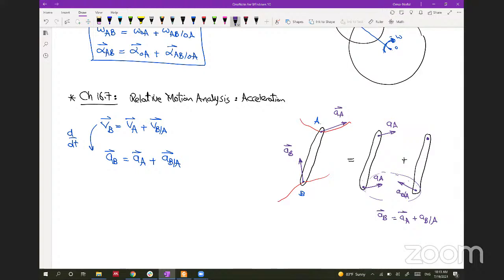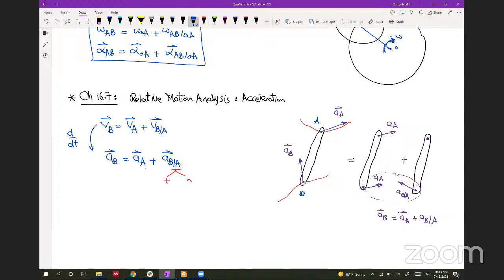However, here it's a little bit more complicated, as AB with respect to A, AA and AB all have normal and tangential components.